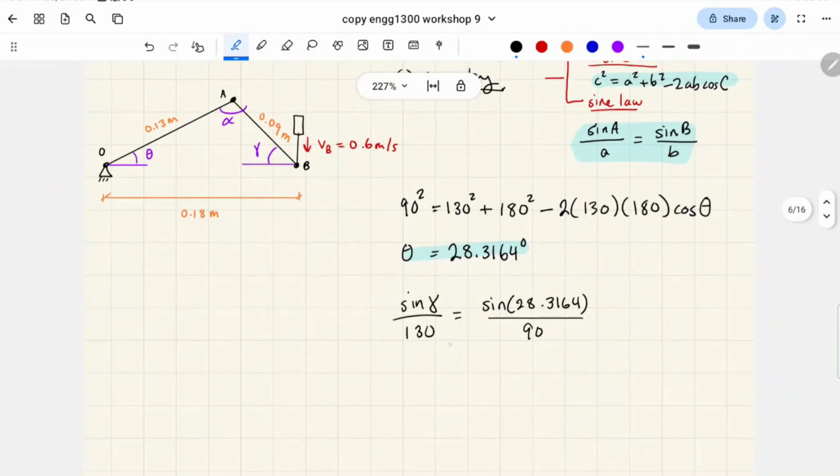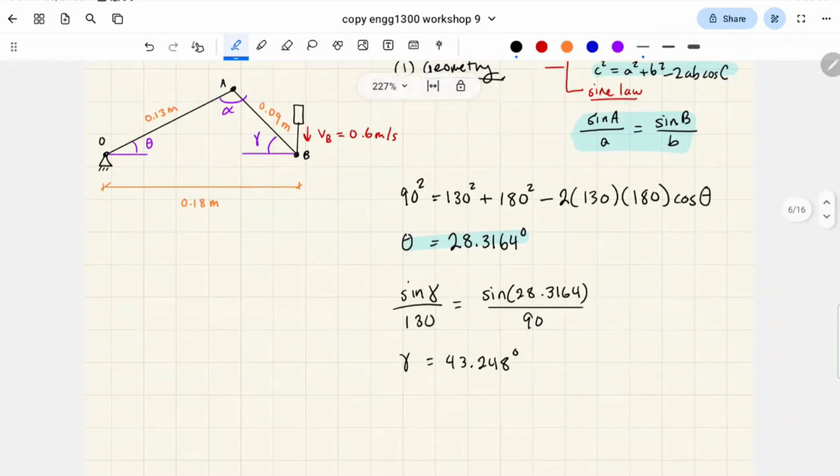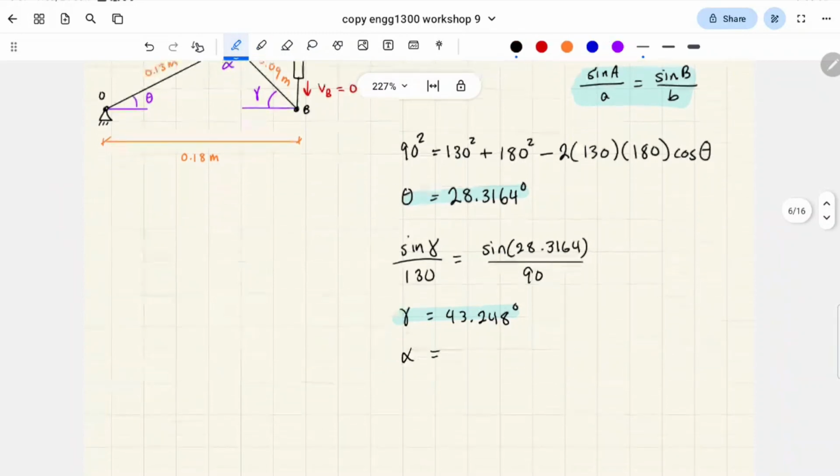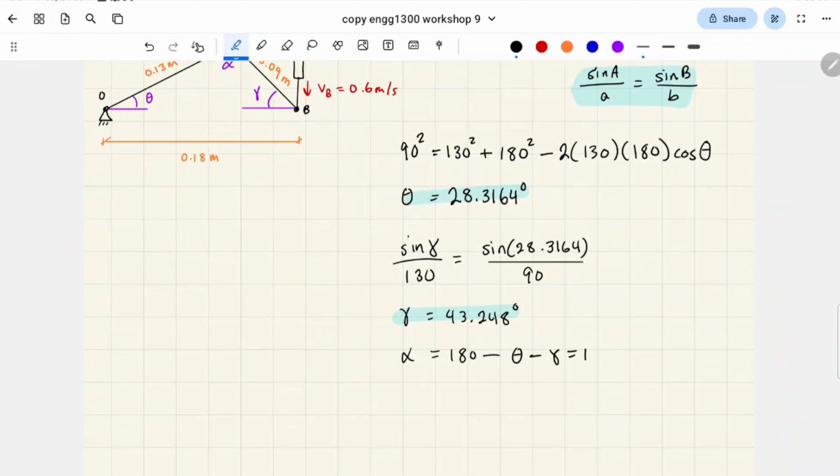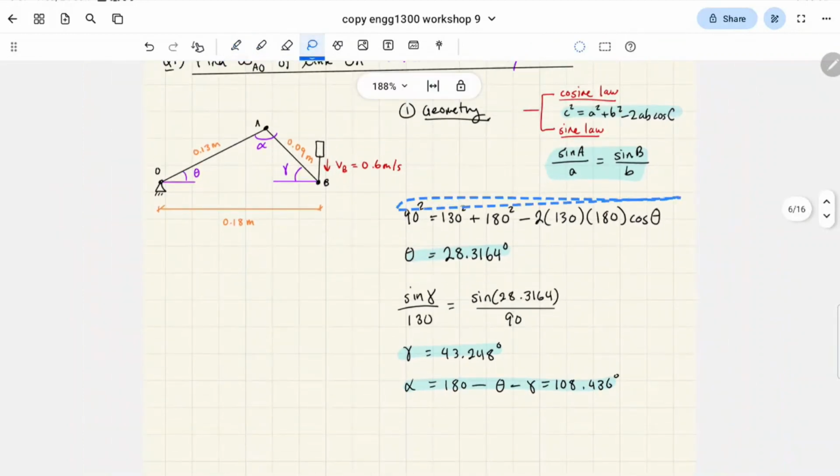We're going to solve for gamma. That's gamma. Okay, and then last, I'm going to work out alpha, and that one, we just use the triangle, the fact that all the angles in a triangle add up to 180. So now we have all these angles. That's all good.